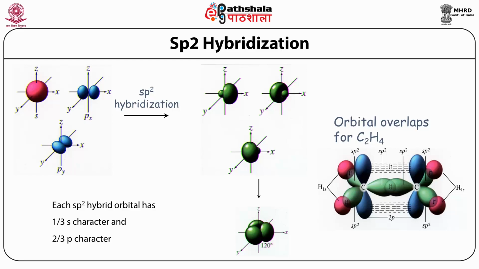That is, each Sp2 hybrid orbital has 1 by 3 s character and 2 by 3 p character. Now on the right side figure, we have the orbital overlapping for C2H4 molecule. That is, there is the overlapping of this sp2 orbital.